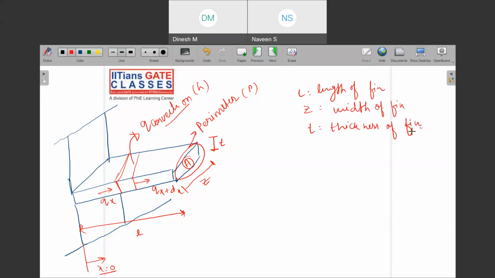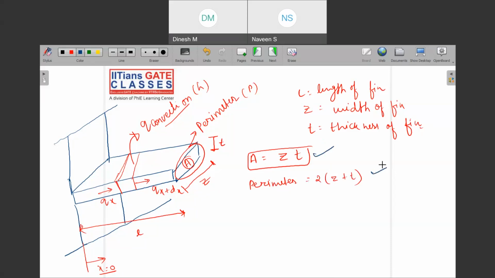Okay, then can I write down what is the profile area or cross sectional area A? So what is this cross sectional area? Tell me. This is T and Z. So can I write down the area is T times Z, and what is perimeter? Perimeter is 2 times of Z plus T. Yeah. So now I know what is area and perimeter.